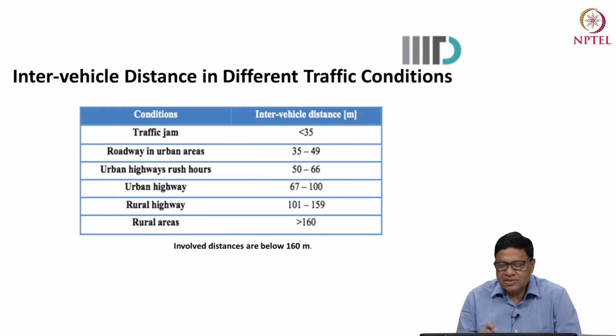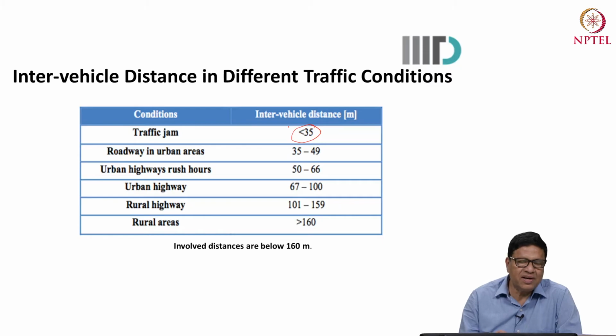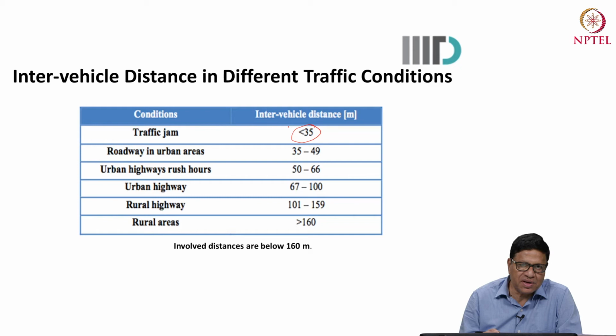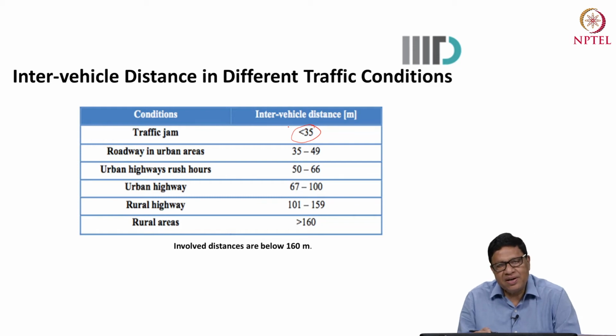So, inter-vehicle distance for different conditions. In a jam, the average distance is less than 30 meters because, see, you have to design a system based on certain requirements. We have studied what the latency requirement is, what the communication distance is, what kind of safety services are required, and what the different latency and communication requirements are for those safety applications.